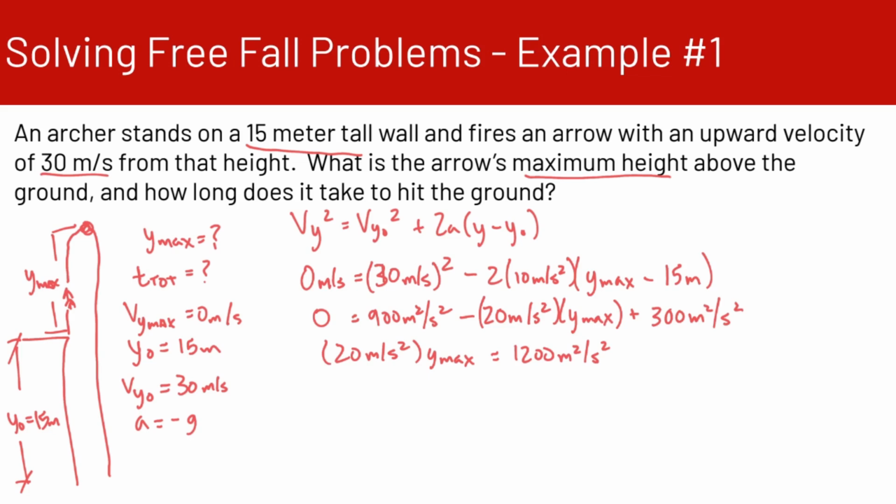Divide both sides by 20 meters per second squared. So y max is equal to 60 meters. The height at the maximum is 60 meters.